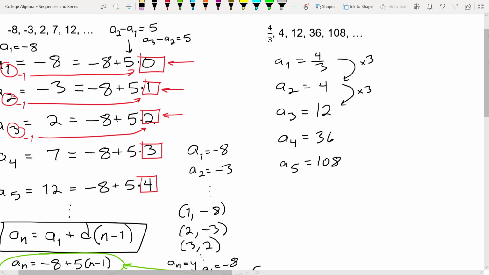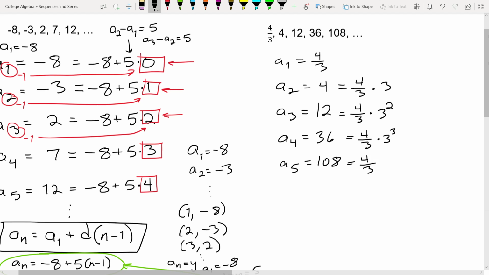And so let me write this in a different way. Let me write this as 4 equals 4/3 times 3. 12 is 4/3 times 9 or 3 squared. 36 is 4/3 times 3 cubed.